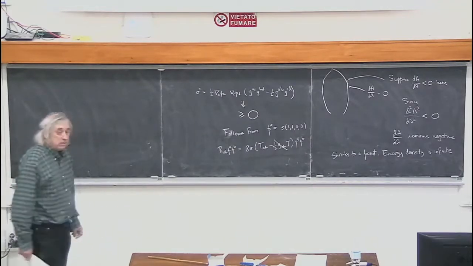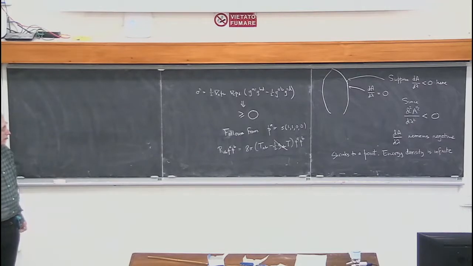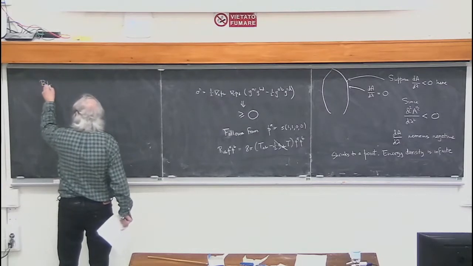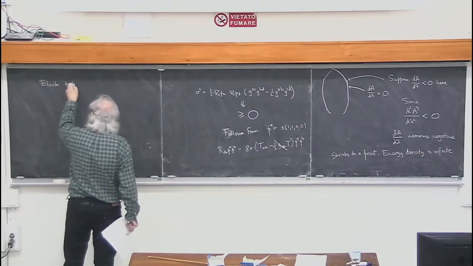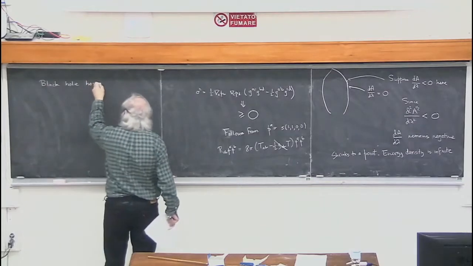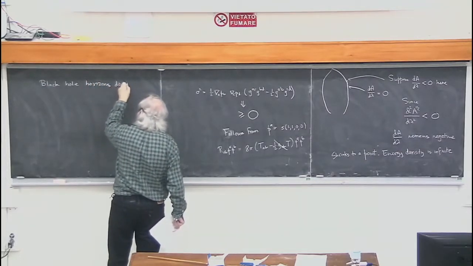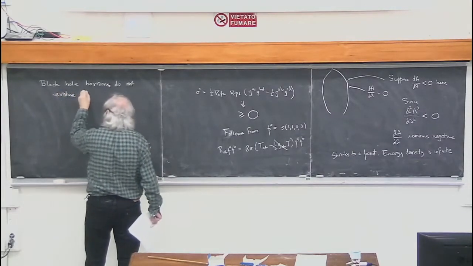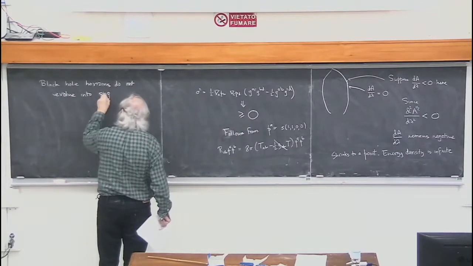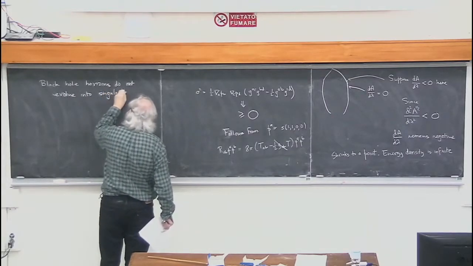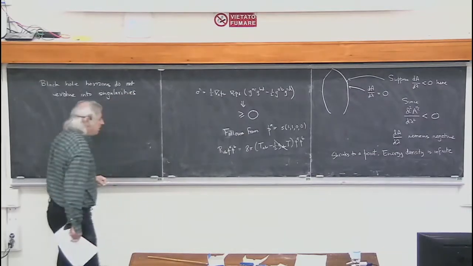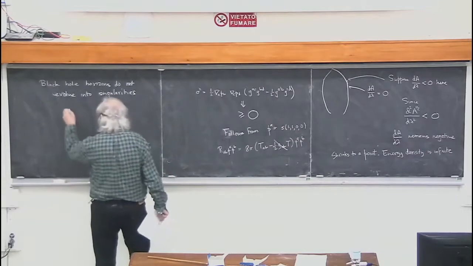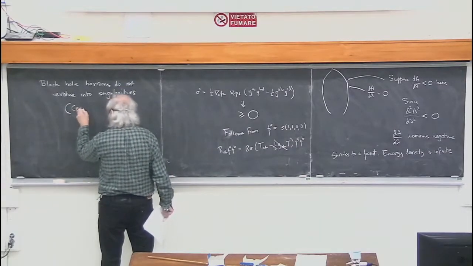However, we believe that black hole event horizons do not evolve into singularities. You'll have to take on trust. It is usually called the cosmic censorship conjecture, or at least one version of it.